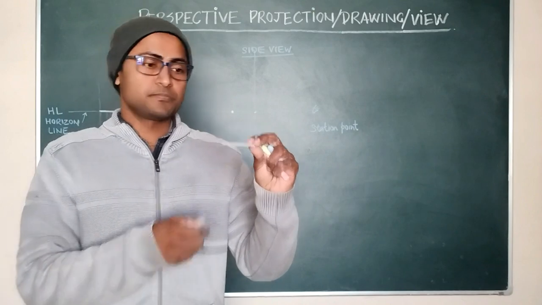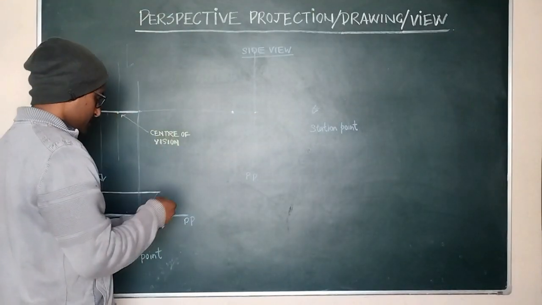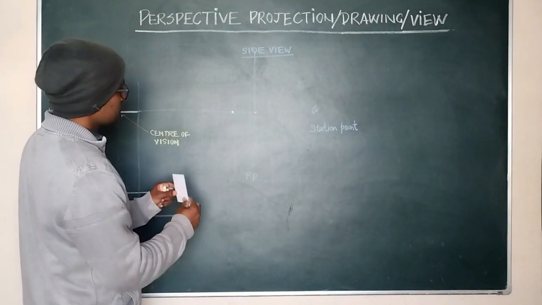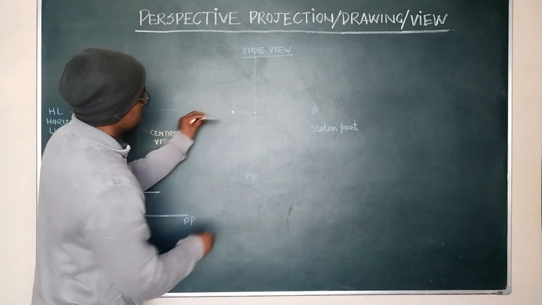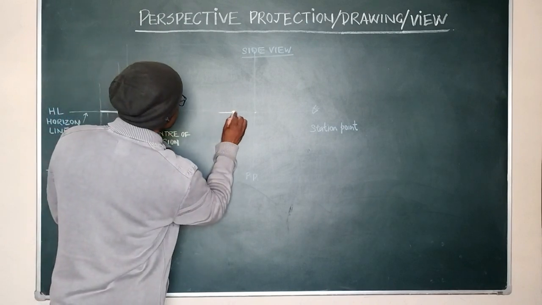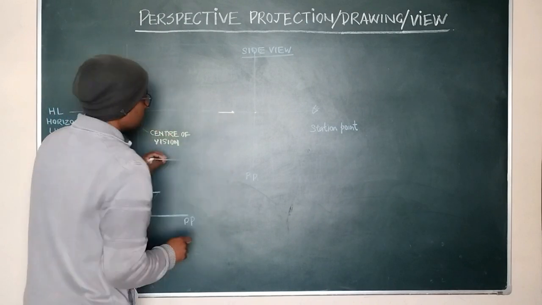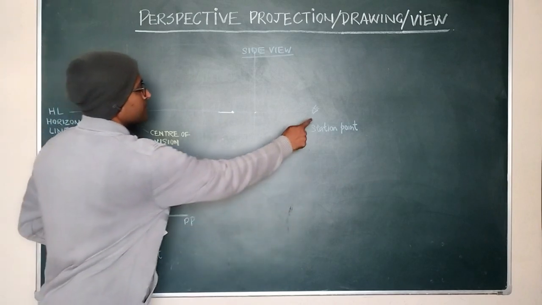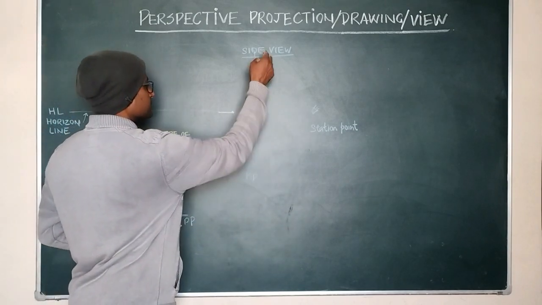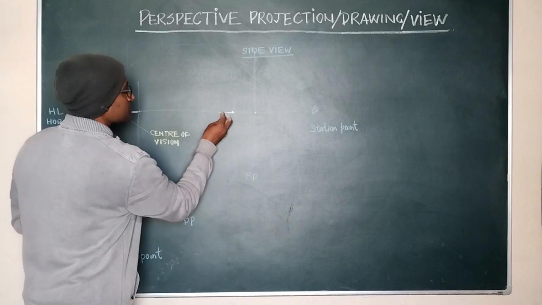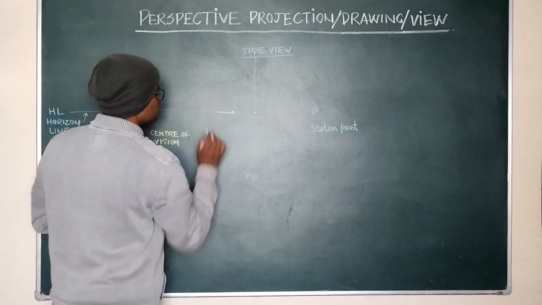Now if I draw the perspective drawing or perspective projection of the object when I am keeping it perfectly horizontal, here if you see, I am keeping this object like this. So this is the side view here, the station point. In the side view, obviously we will see a thin line.